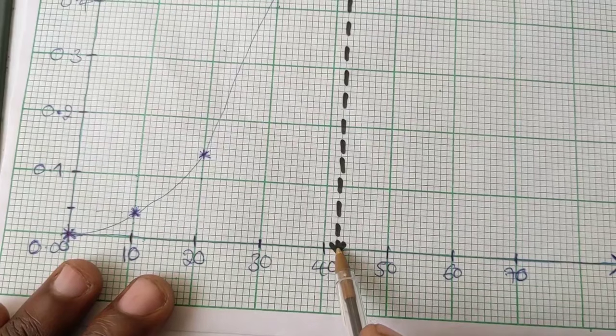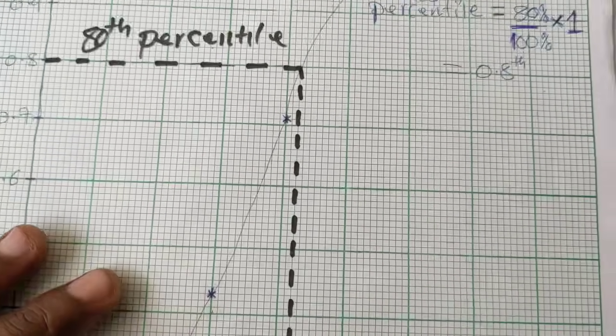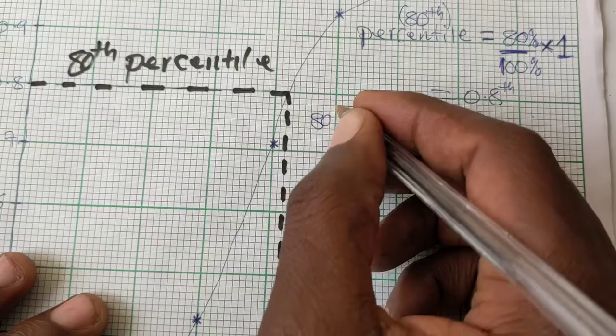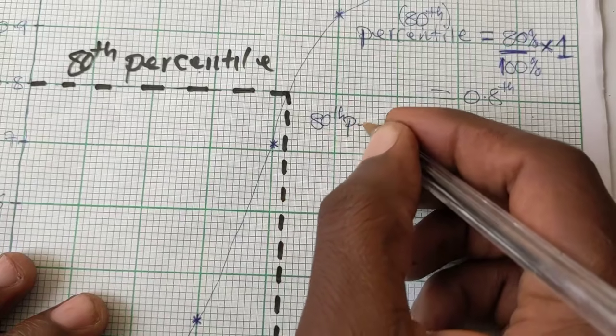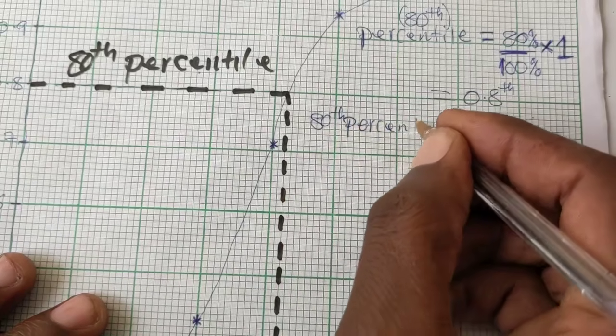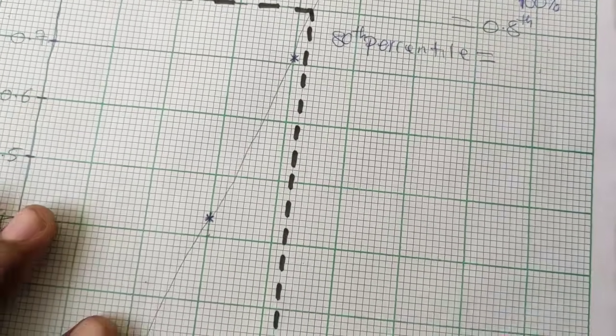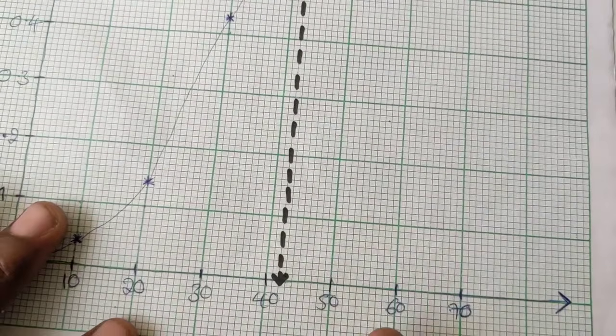So it is where 42 is. You write 80th percentile is equal to 42. We found that it is 42.